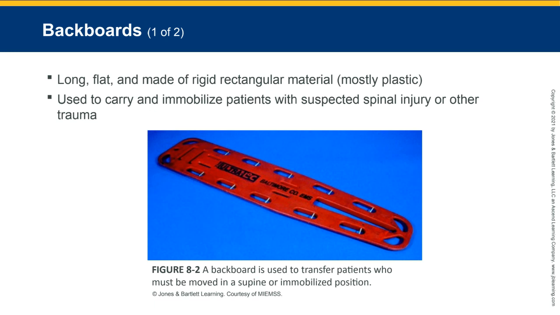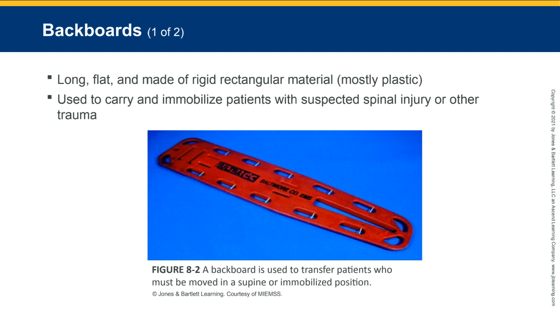Now the backboards. The backboard is a long flat device and it is made of rigid rectangular material, mostly plastic. It is used to carry and immobilize patients with suspected spinal injury or other trauma.